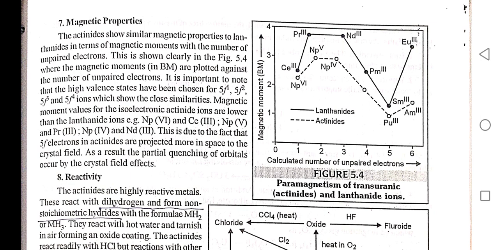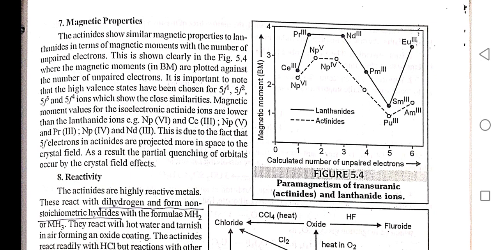It is important to note that the high valence states have been found for 5f1, 5f2, 5f3 and 5f4 ions, which show close similarities. Magnetic moment values for the isoelectronic actinide ions are lower than the lanthanide ions. Example: Np4+ and Ce3+, Np5+ and Pr3+, Np4+ and Nd3+.